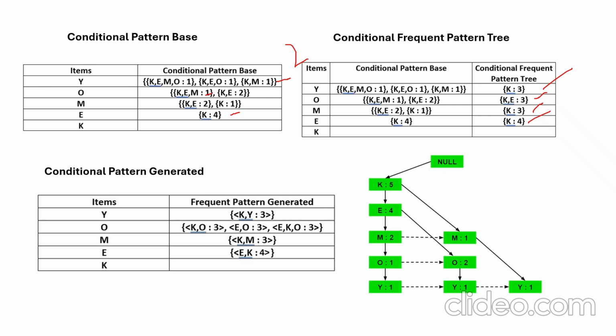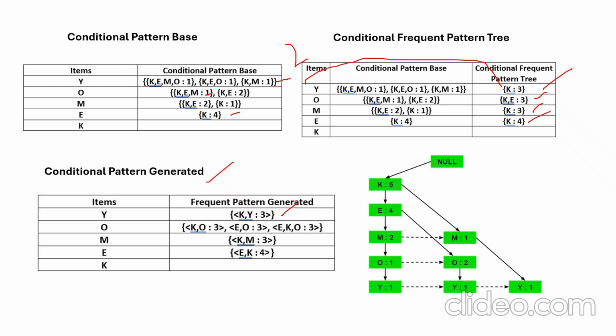Now when you come to the conditional pattern generator, each and every item should be combined with the items that have been generated in the conditional frequent pattern tree. The items that have been generated need to be combined with its item Y. So now you have K is 3. So K comma Y is 3.